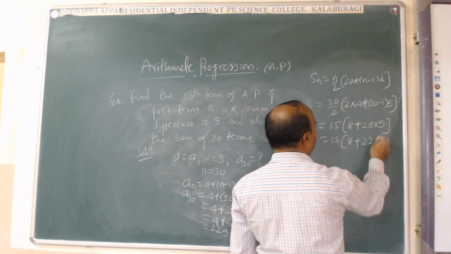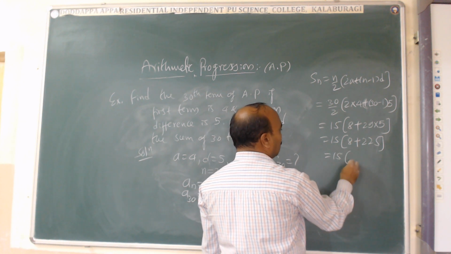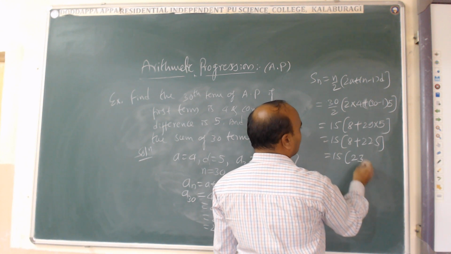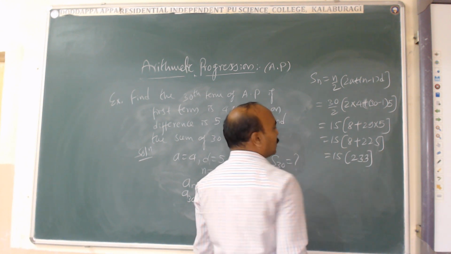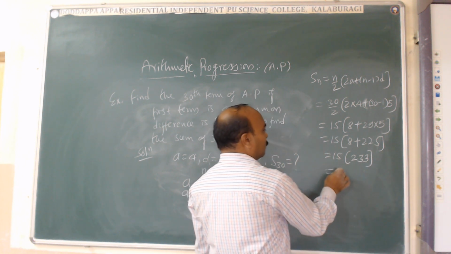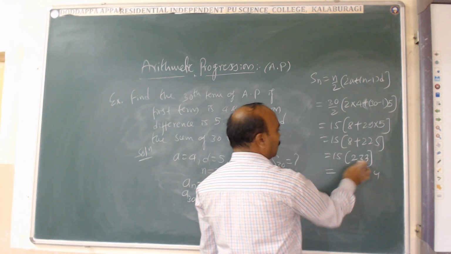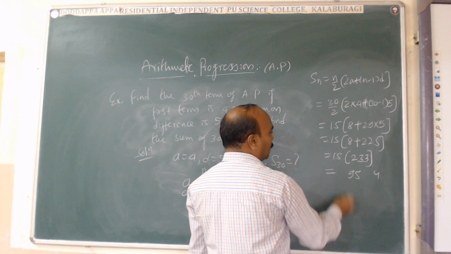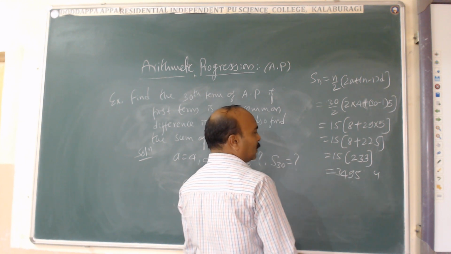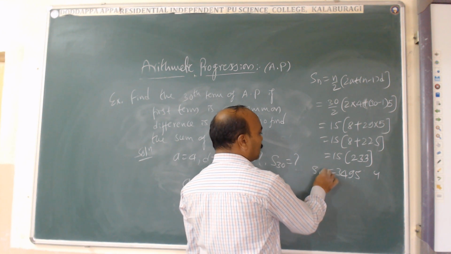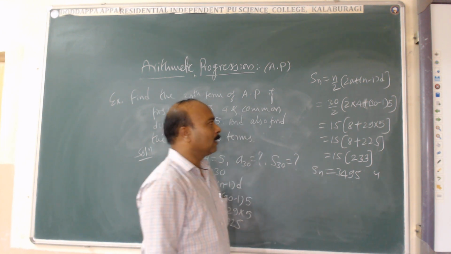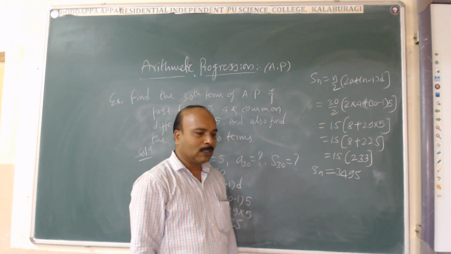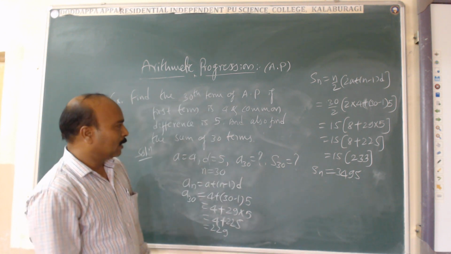Here it is 225. Now it is 15 into 225 plus 8 is 233. Now you multiply these two. 15 times 3 is 45, 15 times 3 is 45 plus 4, 49. 3495 is the Sn value. The sum of 30 terms of the given AP. Like this, you solve this example by using given conditions. Thank you so much.